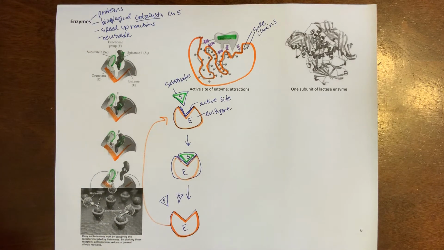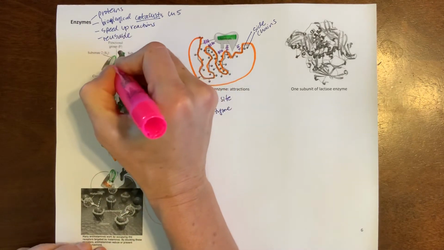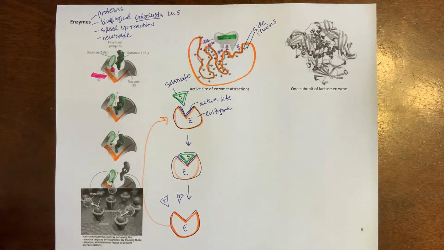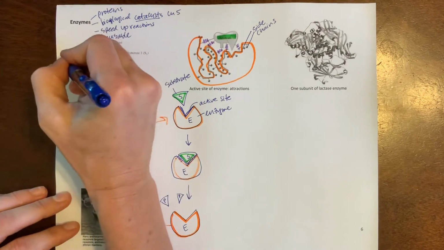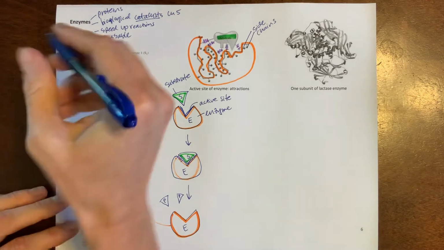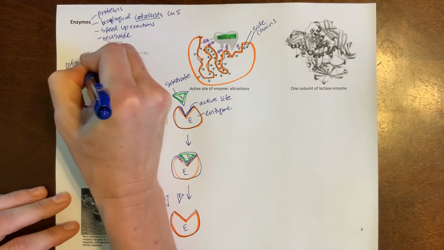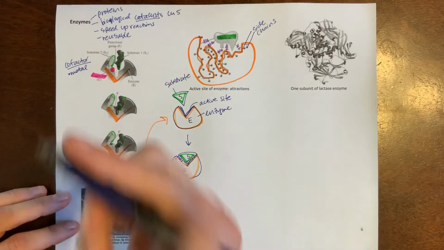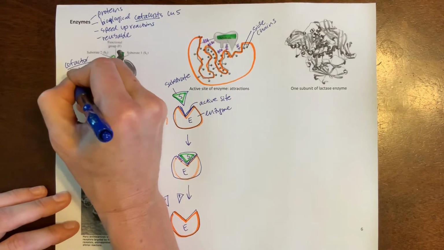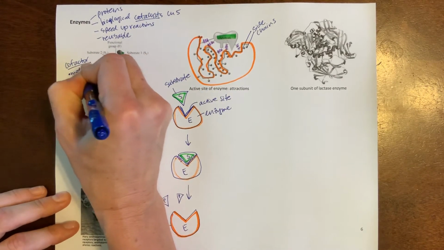And then there's one more new piece in this, and that's going to be, I'm going to use pink here for my coenzyme. And so a coenzyme falls under a bigger umbrella of molecules that are called cofactors. So a cofactor is either going to be a metal. This is why we consume a lot of traces of metals, is to help with reactions like this, or something organic.